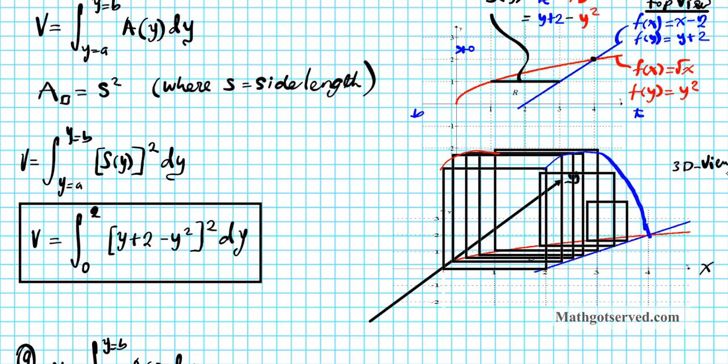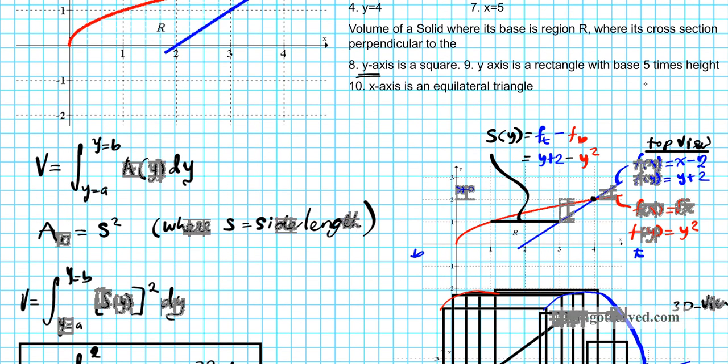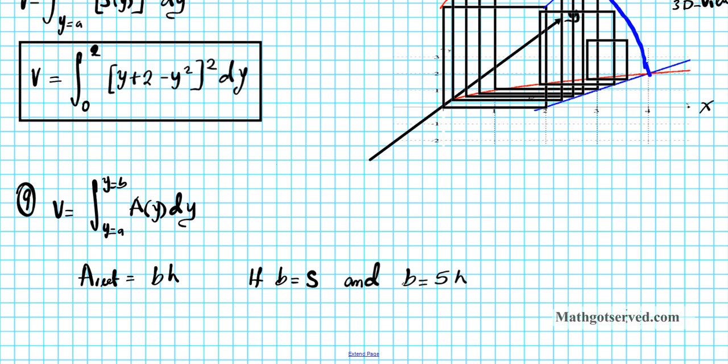Let's go back. It says the base is 5 times the height. So if the base is 5 times the height, that implies that the height is going to be 1/5 of the base. I know you can do this mentally, but I just want to show you the algebra that leads to it.